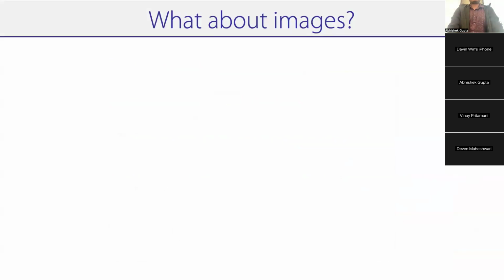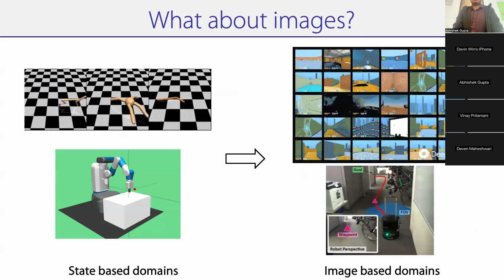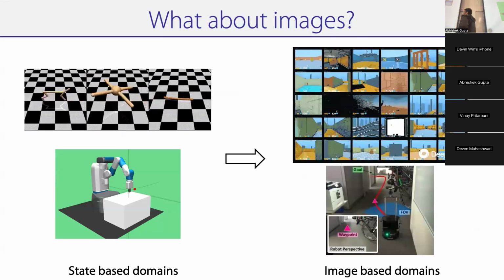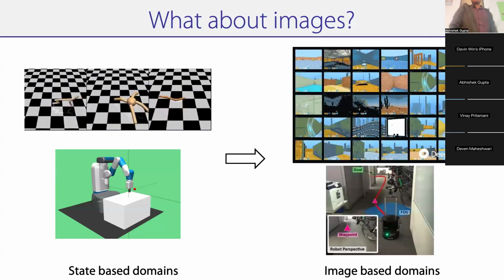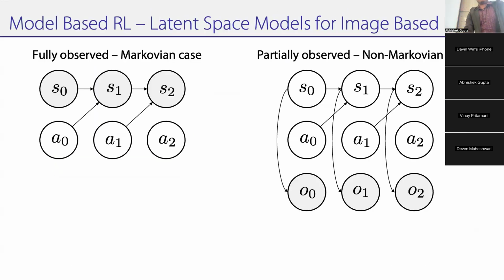The last idea we'll cover is how do we go from these low dimensional states, like where the joints of your robot are, to images, right? And so when we want to go to images for these kinds of problems, how do we go to higher dimensional state spaces? And the idea here is to use latent space models. We won't cover them in detail, but it's kind of like filtering, right?